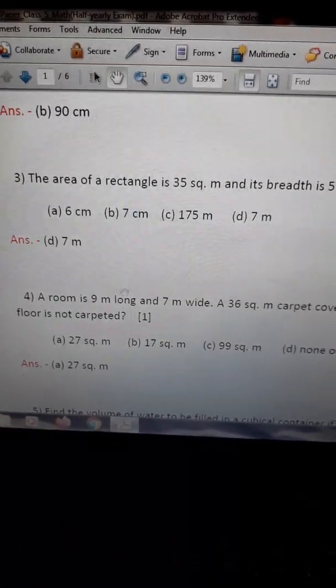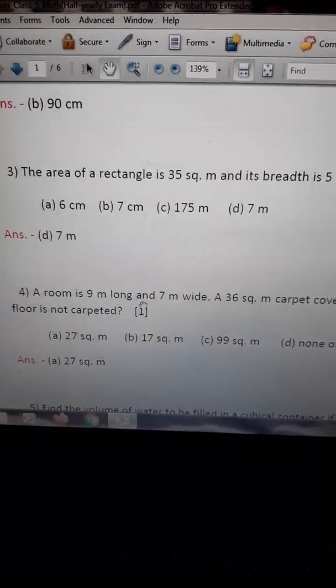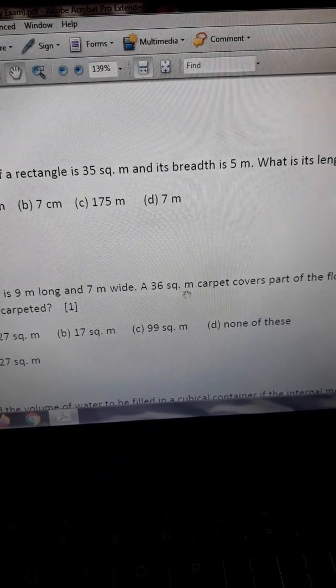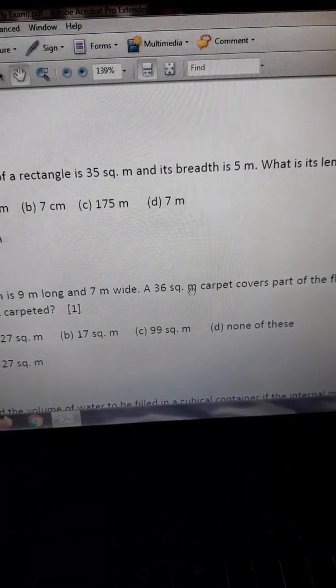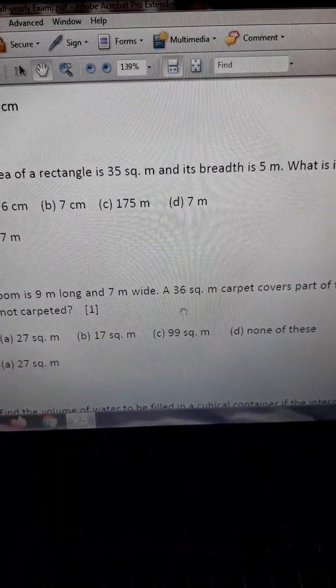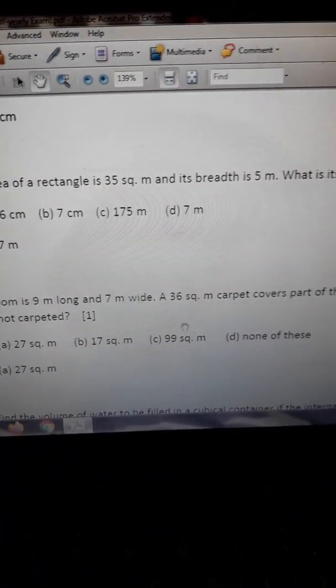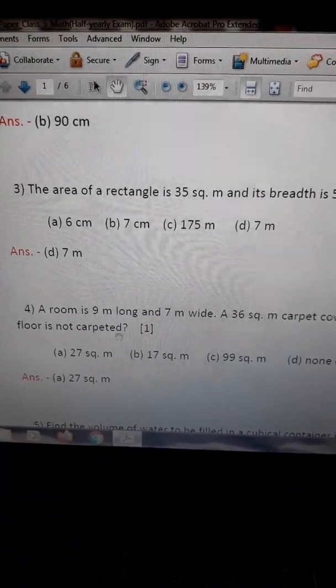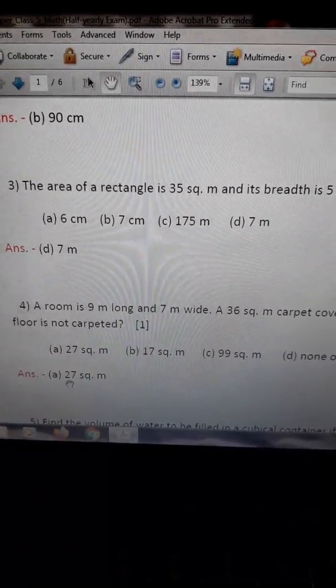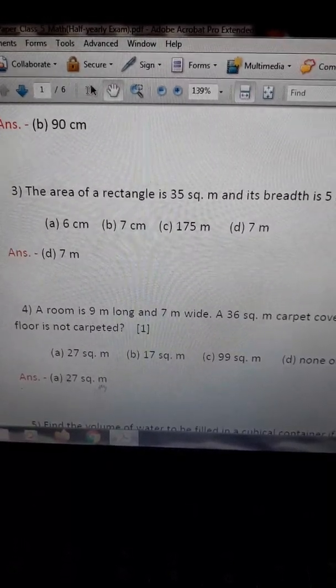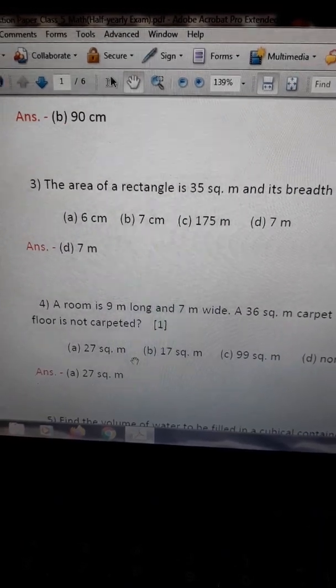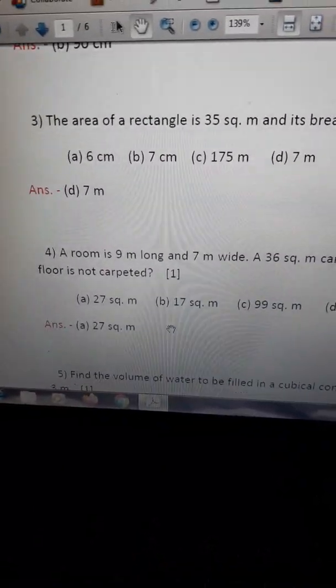So 9 into 7 means 63 square meter. But the carpet's size is 36 square meter. If you subtract 36 square meter from 63 square meter, you will get the uncarpeted floor. That will be 27 square meter, so option A will be the correct option.